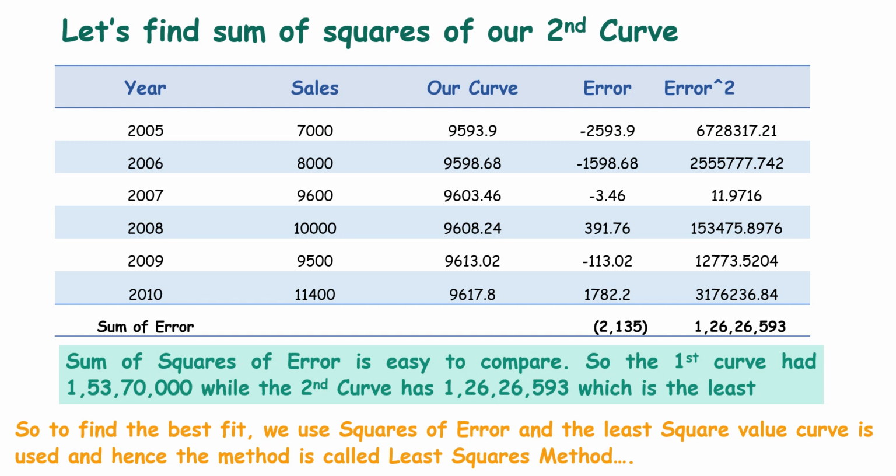Now we have understood how this method works, or probably the background of this method. Now what we will be trying to understand is how do I arrive at the best fit line without having to go through the process of guessing each and every line, or multiple combinations of line equations, and then trying to arrive at the squares of error value.